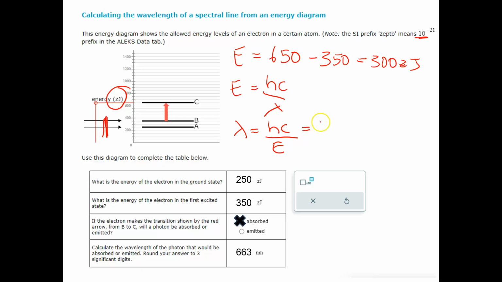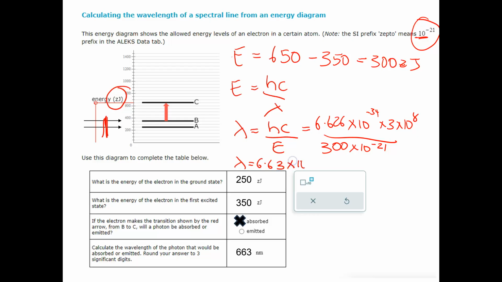And then we have to put our numbers in. 6.626 by 10 to the minus 34 times 3 by 10 to the 8 divided by 300 zeptojoules, and we have to remember at this point, times 10 to the negative 21. So when I do all of that, I end up with 6.63 by 10 to the minus 7 meters.